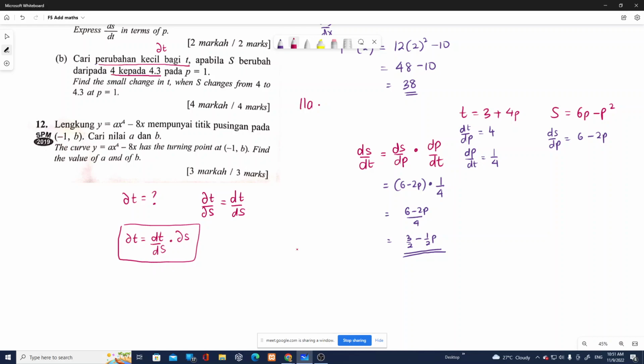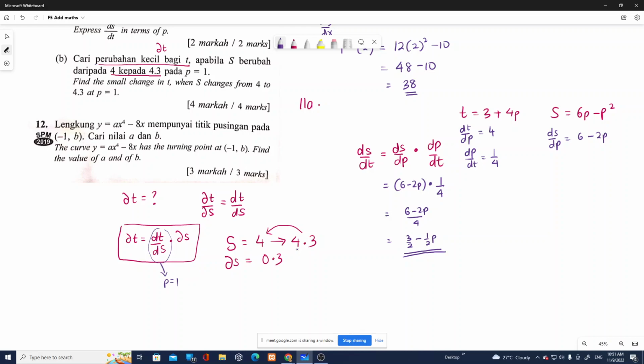Dari soalan dia kata S berubah daripada nilai 4 kepada 4.3. So daripada ini kita dapati delta S bersamaan dengan 0.3, depan tolak belakang. The next thing is kita nak dapat dt per ds apabila nilai P ialah 1.